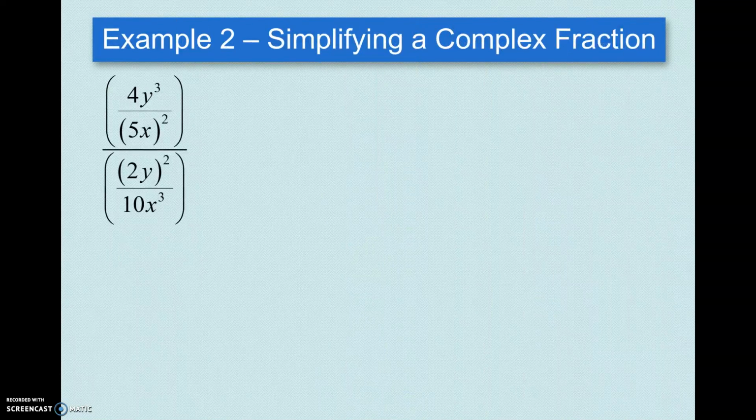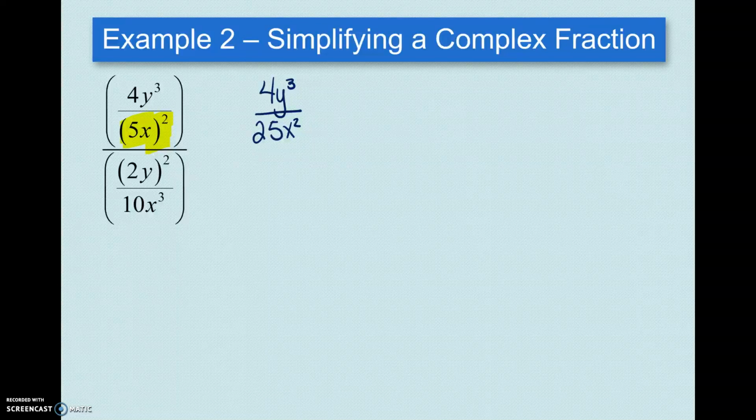Okay, here's another one. And now as I write it, I'm going to remember what we were doing. So 4y to the third over... Now let's think for a minute. What does 5x squared actually mean? It means 5x times 5x, which would be 25x squared. 5 squared, x squared.